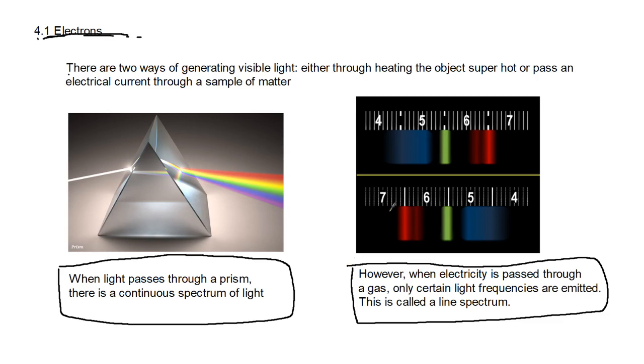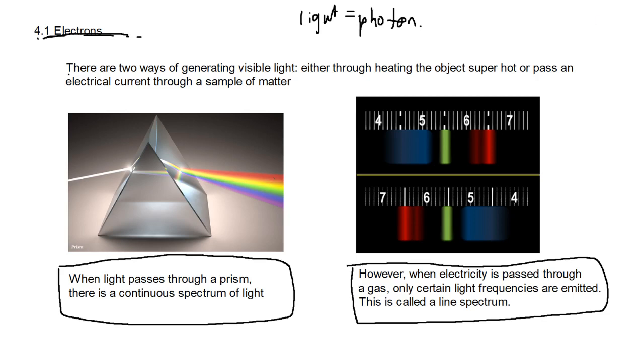That's what it's called, right? Light is photon. So why are only certain light frequencies emitted whenever electricity is passed through a gas?